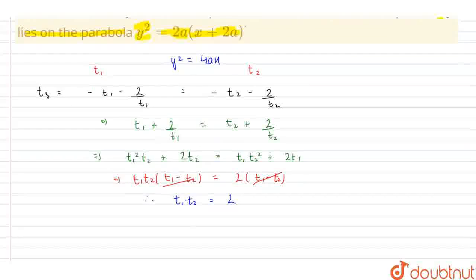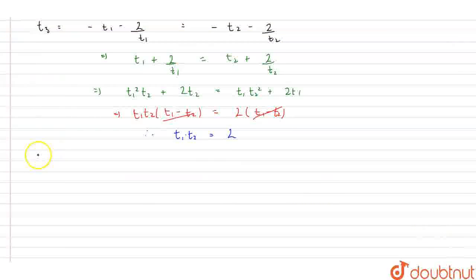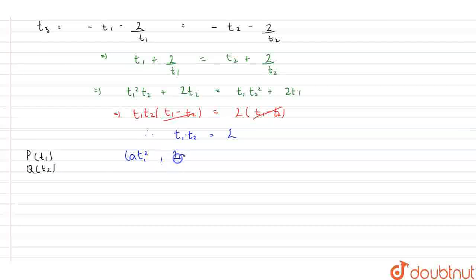Now since the point P is t1 and Q is t2, therefore its coordinates will become P(at1², 2at1), and Q will become (at2², 2at2).